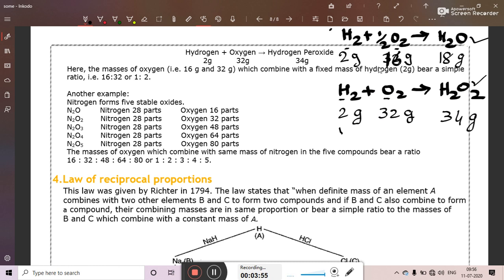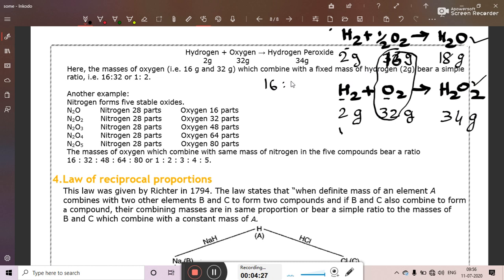Then in that case, the mass of one element, which is variable, that is oxygen, which combined with the fixed mass of other element, so fixed mass of other element means hydrogen. It is having the fixed mass in both the compounds. So in that case, the mass of the oxygen, which is variable, is in the simple whole number ratio.